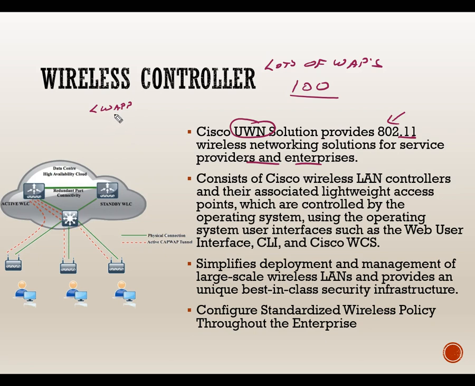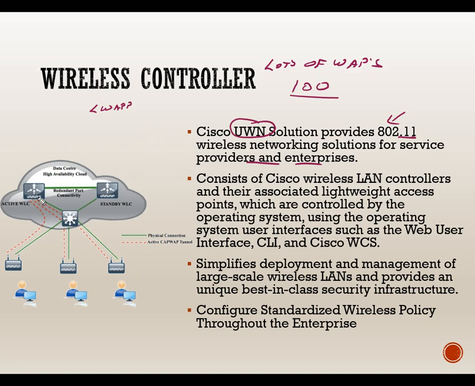The command line is a lot different than managing the command line for a switch or a router, which we'll do in the course. But we upgrade the heavy access points to lightweight access points, and then we can manage them with a wireless controller. Once you upgrade it, you have to use the wireless controller to manage the device.